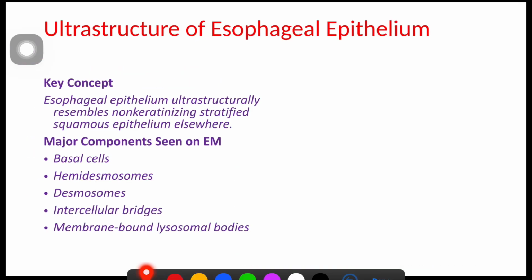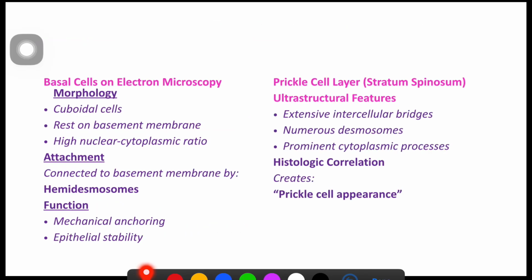Now, if we see the ultrastructure of the epithelium, it resembles non-keratinizing stratified squamous epithelium, and the major components you will identify are basal cells, hemidesmosomes, desmosomes, intercellular bridges and membrane bound lysosomal bodies. The basal cells are cuboidal cells resting on the basement membrane, with a high N/C ratio, connected to the basement membrane.